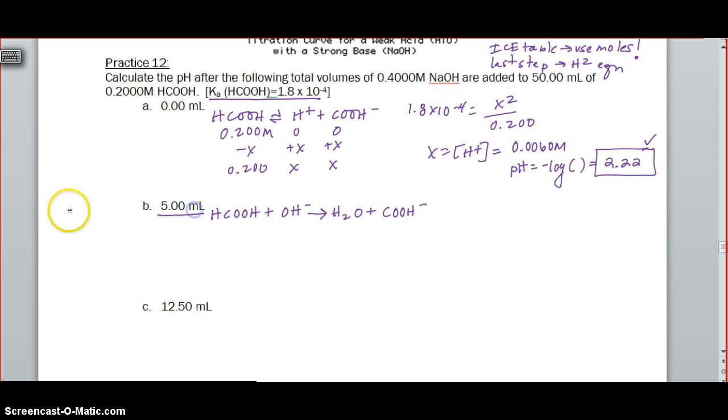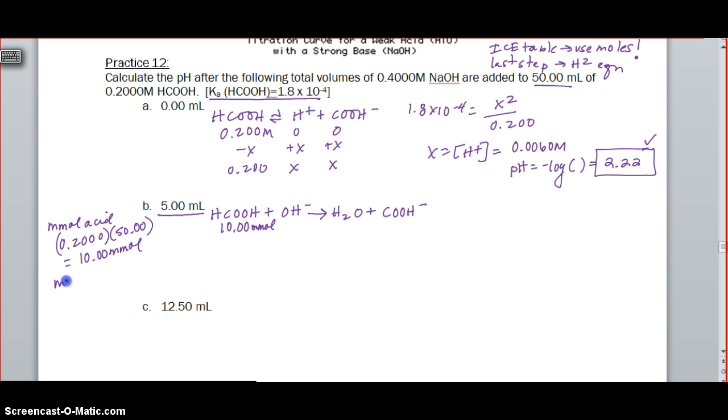Okay, so let's figure out the millimoles that we have of acid. The concentration is 0.200 and the volume is 50 milliliters. So our millimoles of acid is equal to 10 millimoles. That's going to be our starting for all these ice tables.